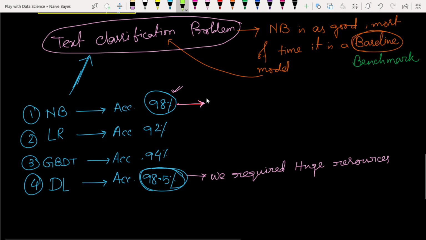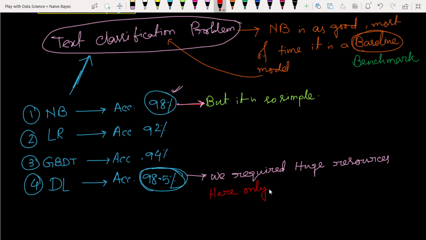But our naive Bayes is so simple. And one thing is that here we only get just a 0.5% improvement.